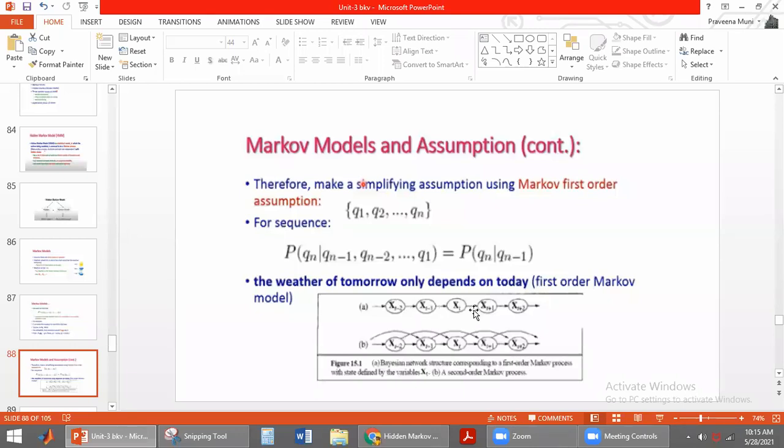In the second order Markov process, today's weather depends upon the past 2 days, xt minus 1 and xt minus 2. In the first order case, it depends only on the immediate past condition; here it considers two past conditions. So this is the figure for the second order Markov process.